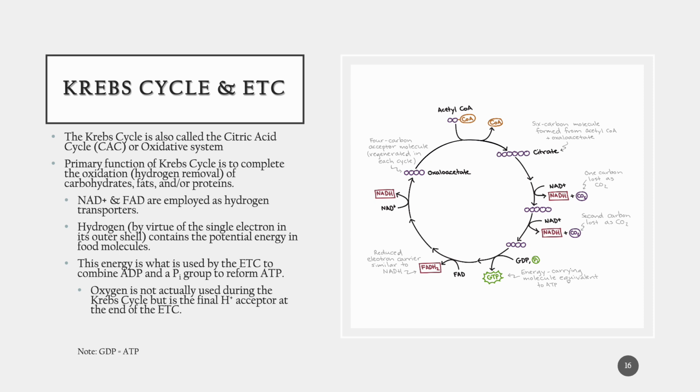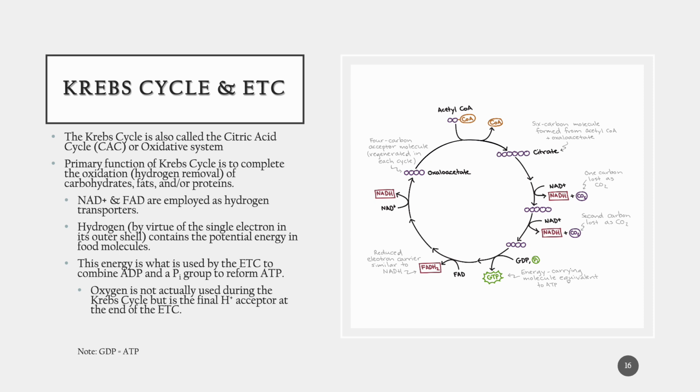From citrate, we go through a number of catalyzed reactions. We have our NAD becoming reduced into NADH, and that happens again for a second time. GDP, please note, is just another way of saying ADP, so ADP converts to ATP, which is simply energy.